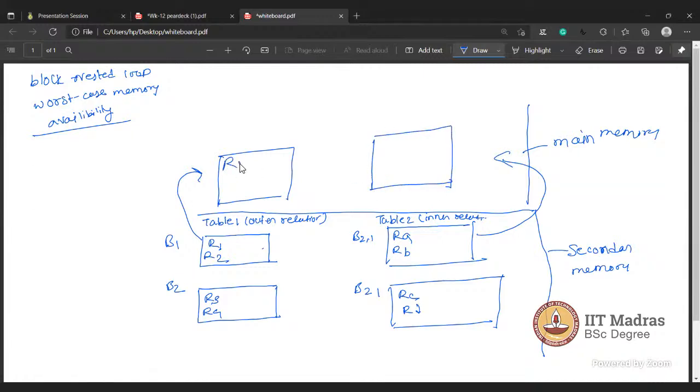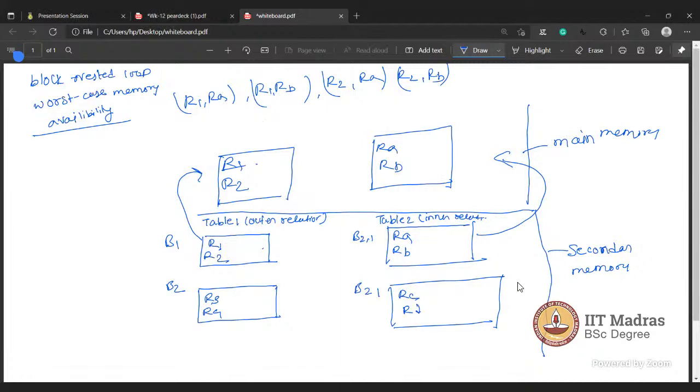So first record R1 matches with RA, then R1 with RB, then R2 with RA, then R2 with RB. So did everyone get it? What is block nested loop then?